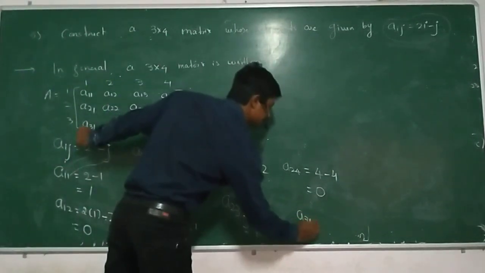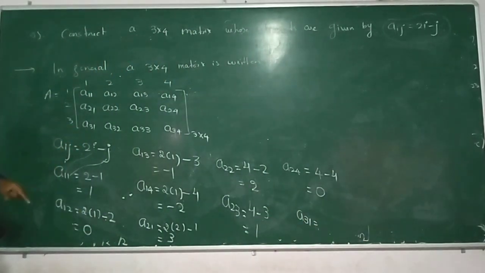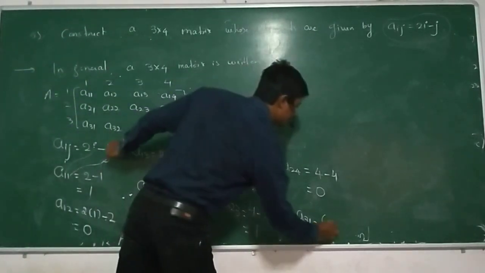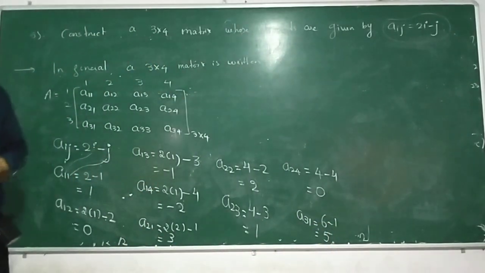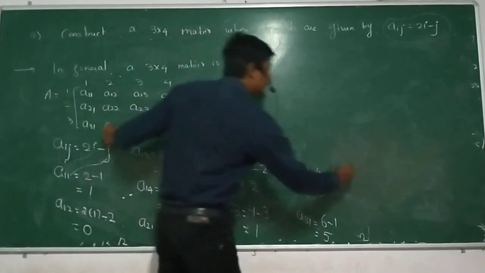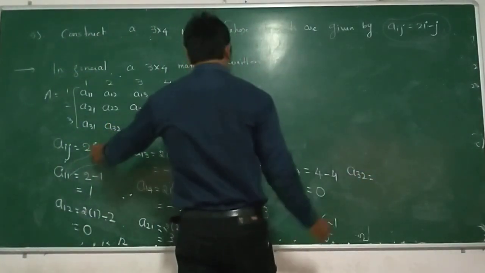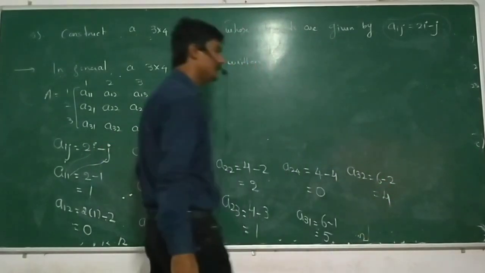A31: i value is 3, j value is 1. 2 3s are 6, minus 1. 6 minus 1, so A31 is equal to 5. Now A32, put i value as 3, so 2 3s are 6, minus j is 2, so 6 minus 2 is 4.